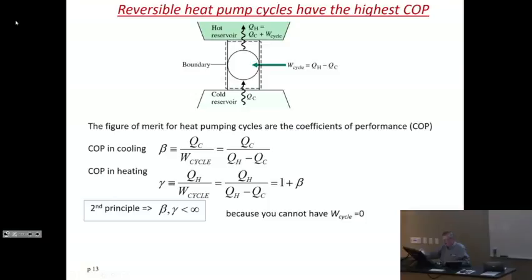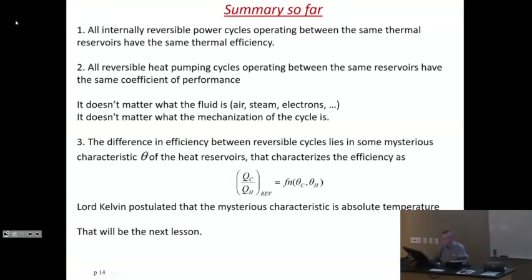So simply the fact that you can't have that without having a difference between the two, it's easier to explain in terms of the difference between the two. If the difference between the two were 0, that is, if the work were 0, then beta would be infinity. And here you have the same argument. The work of the cycle cannot be 0, and then gamma cannot be infinity. But that's not terribly instructive.